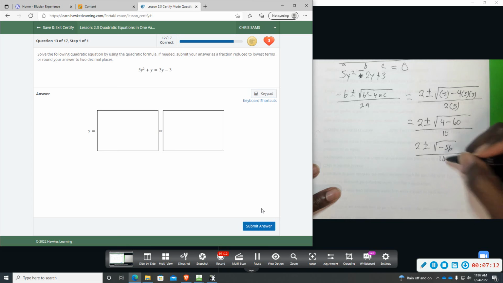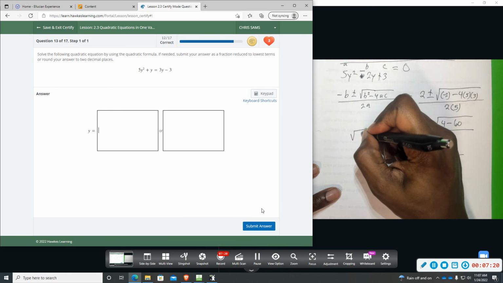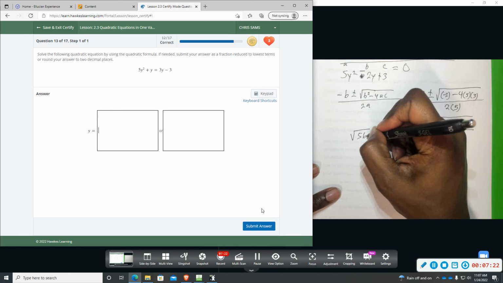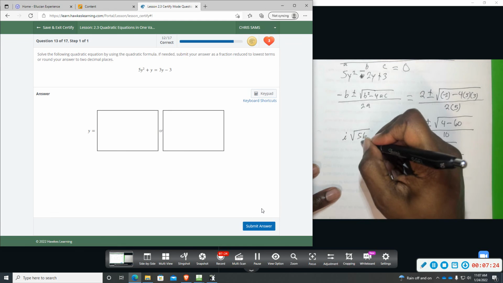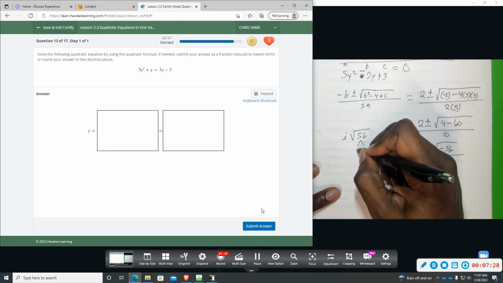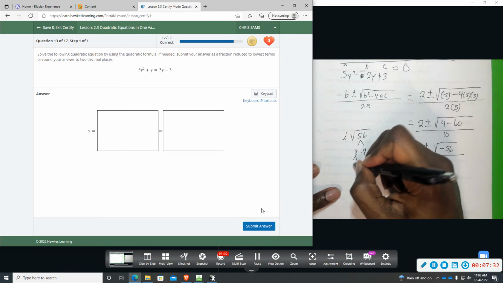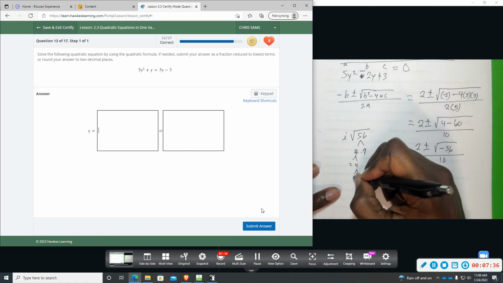over 10. And then we're going to reduce this radical. I'm going to do that off to the side. Knowing that it's negative, I'm going to put i for imaginary. 56 is 8 times 7, and then 2 times 4, and then 2 times 2.